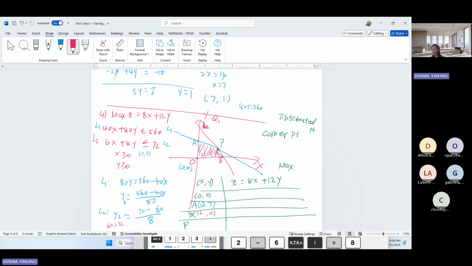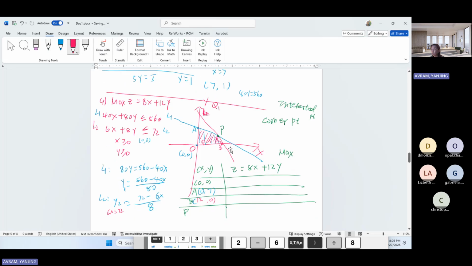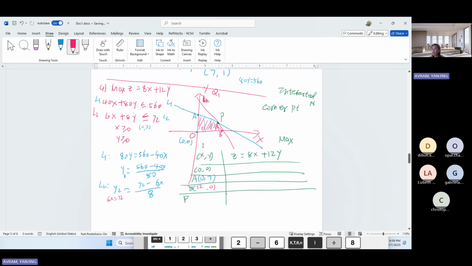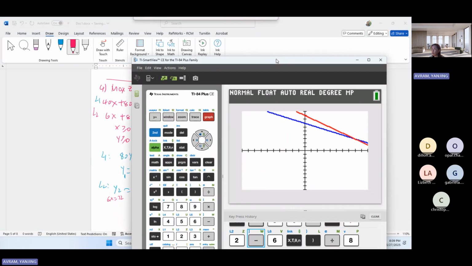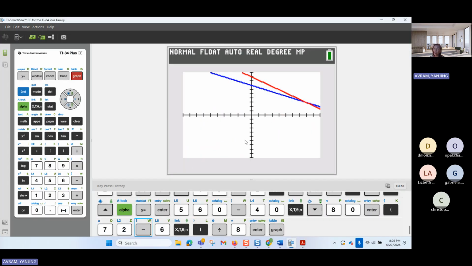Okay, all right, so how do I find my point P here? If I really don't want to do this one by hand, I can write down a matrix. So I'm going to use a matrix to solve this one. Or another way is you probably can find an intersection in here, let me see.